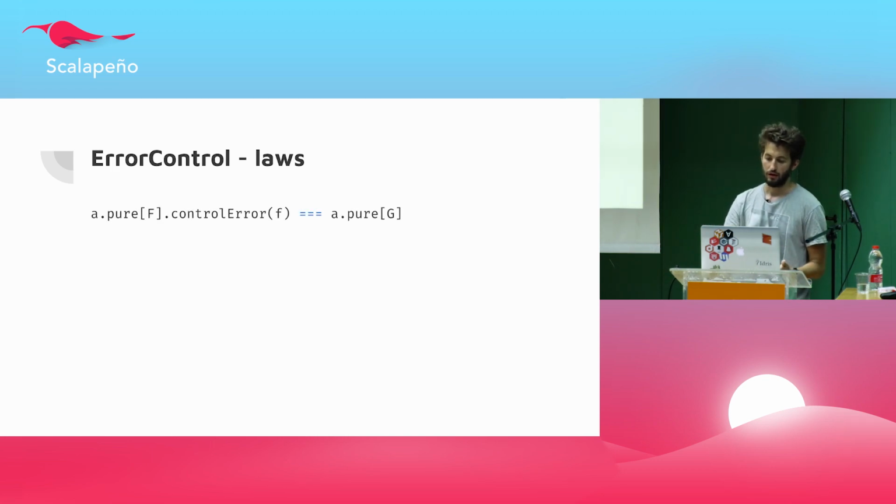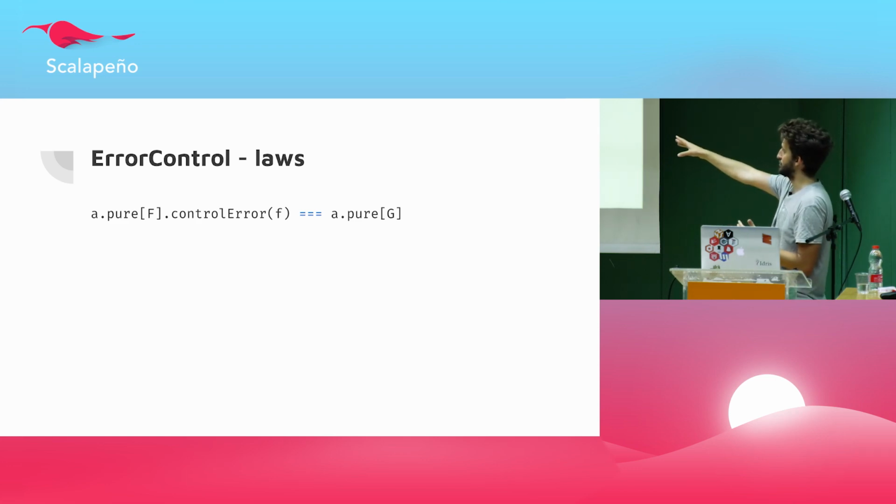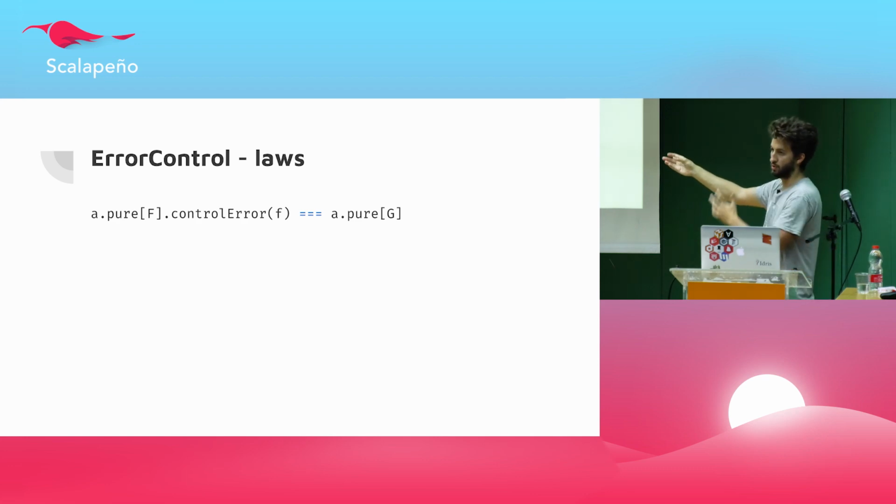So the first law is kind of a parametric law, and it says that, hey, if I lift a pure value into this fallible type F, and then I use controlError, which handles all the errors, to get back a value of G, then it should be the same as just lifting a pure value into G itself. And that is, of course, because every pure value is not going to have any errors, right? So, of course, these have to be the same. If they weren't, it would be a bit weird.